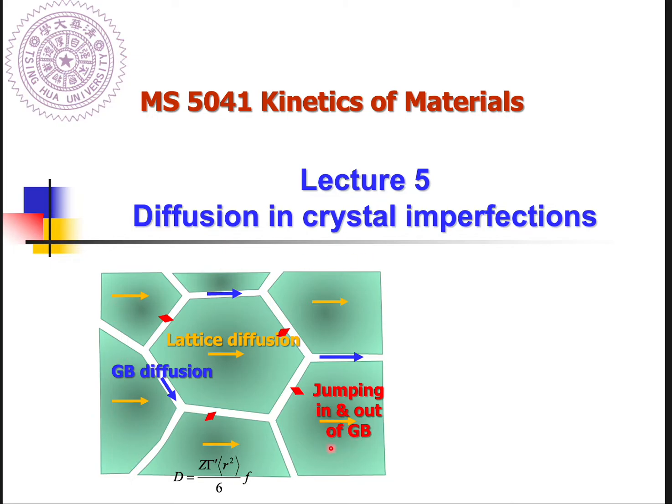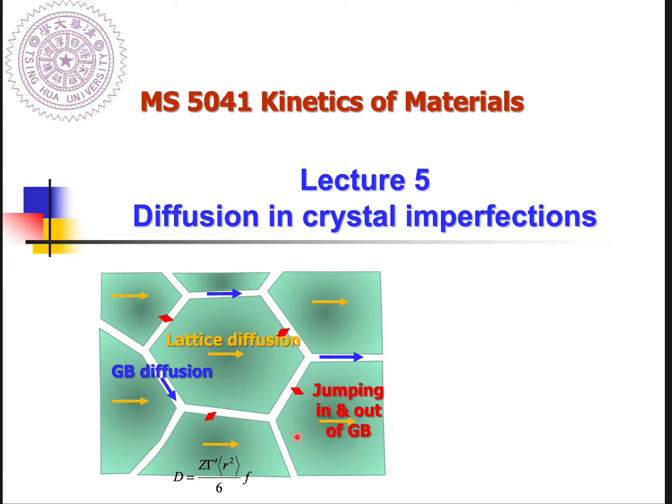Let's take a look at a diffusing atom here. Atoms will probably diffuse through the grain, then jump into the grain boundary and move along it, and at some specific location also jump back into the grain. So the diffusing atoms jump in and out of the grain boundary and in and out of the grain. So how do we get the effective diffusivity of this kind of polycrystalline material?